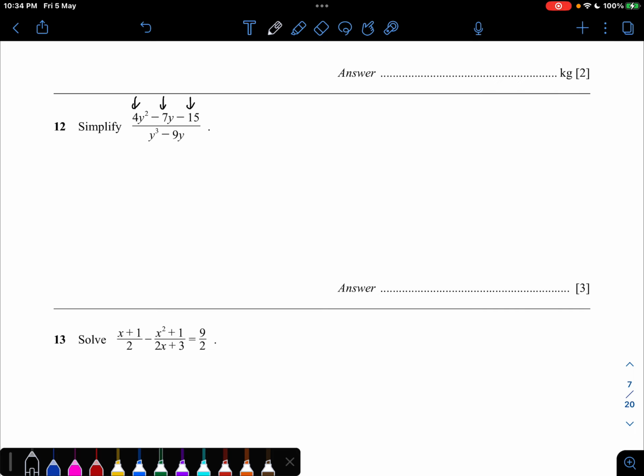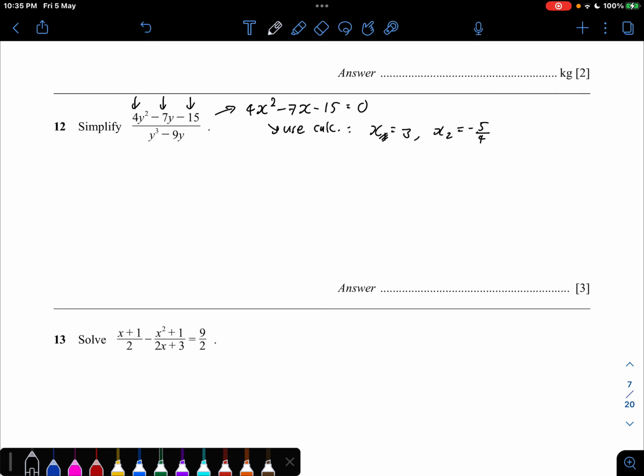Treat it as 4x squared minus 7x minus 15 equals 0. You use a calculator, you end up with x1 equals 3 and x2 equals -5/4. So the trick here is to bring the constant to the left side.